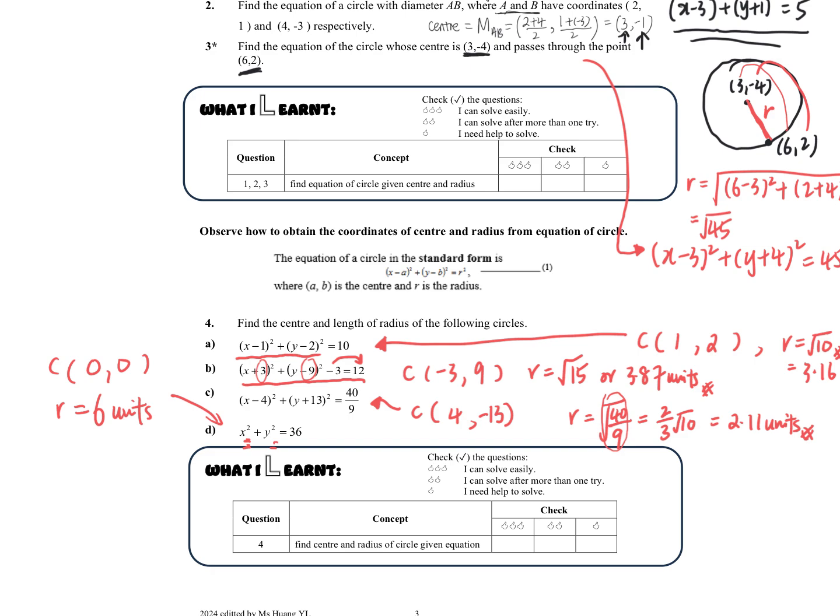You have to break it into its simplest form. For example, like that, 4, 10, 9, then you give me 2 root 10, 3. Actually this one is x minus 0 squared, y minus 0 squared. So that's why the center is 0, 0. So this one is the baseline. What if I give you the other form?